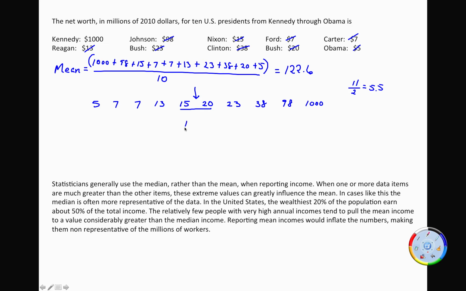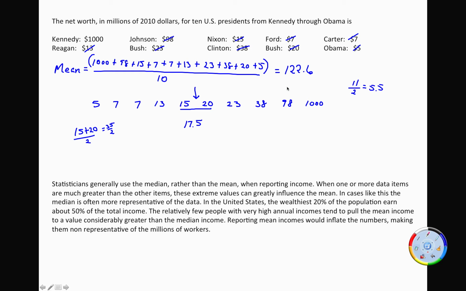Well, I know that's 17.5, but if we didn't know that, all we have to do is add 15 plus 20 divided by 2, right? Take their mean, 35 divided by 2. So the median for this set of data is $17.5 million.